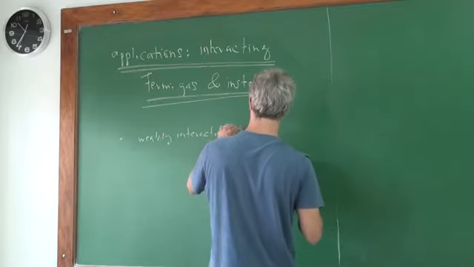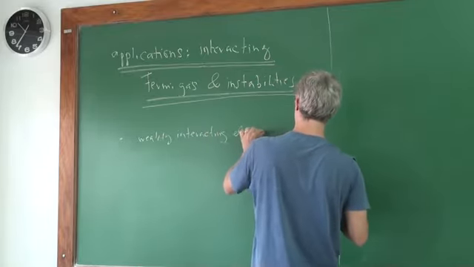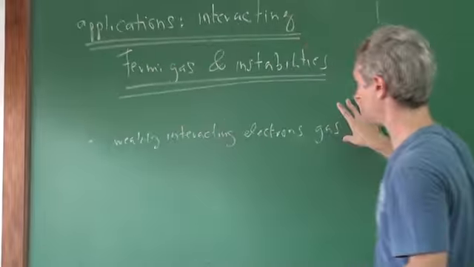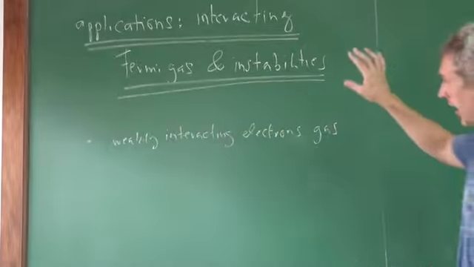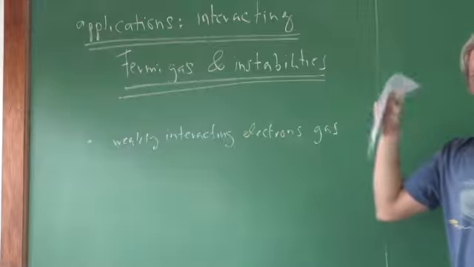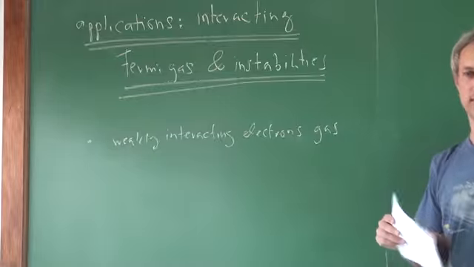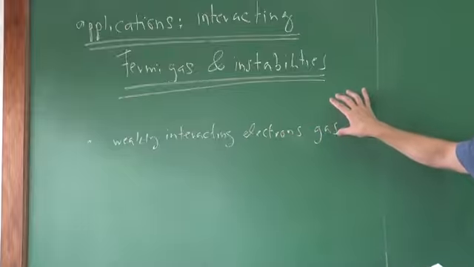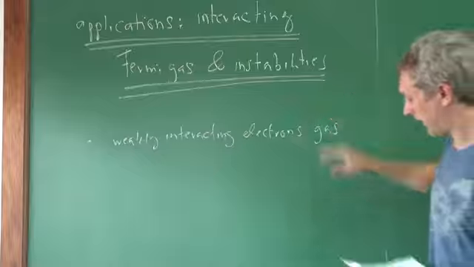And discussing this will already allow us to introduce one of the main concepts, which is diagrammatic perturbation theory, and then in the second step will allow us to introduce Hubbard-Stratonovich transformations, which is the tool to derive effective theories.